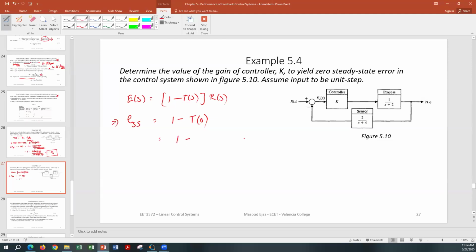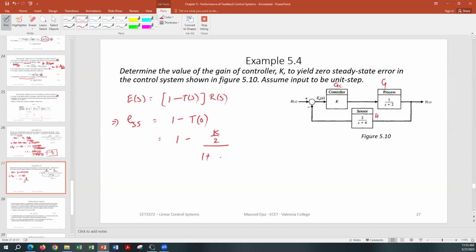So now let's look at T and then put the values. So 1 minus T naught is going to be what? K times 1/2, so K over 2 in the numerator, divided by 1 plus K over 2 times 2 over 4, right? 1 plus K times, so controller GC, G, and H. So K times 1 over 2 times 2 over 4.